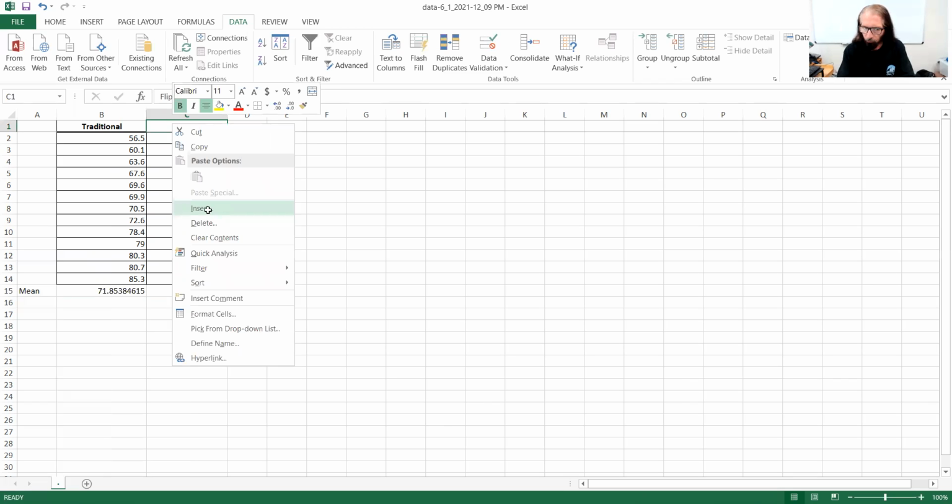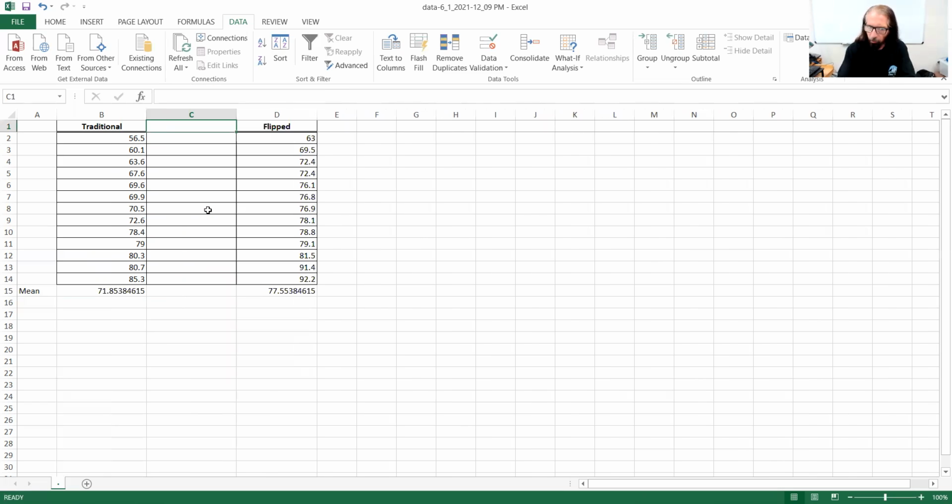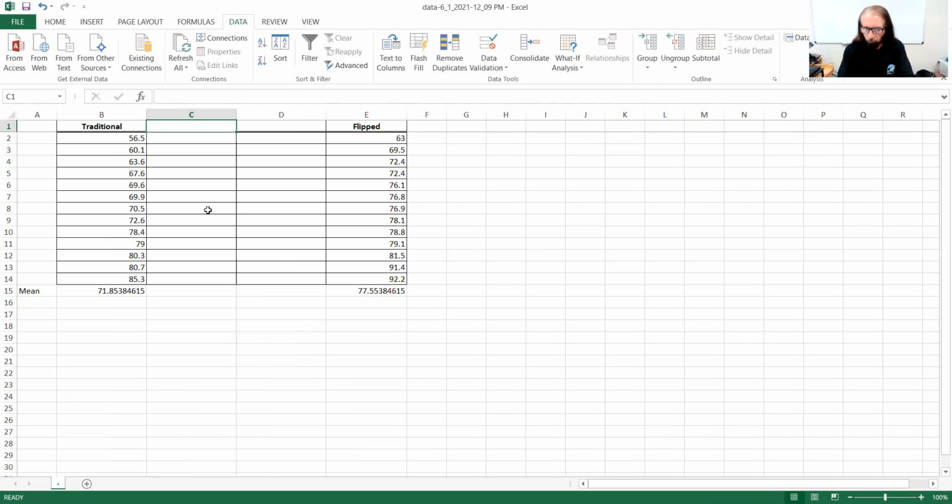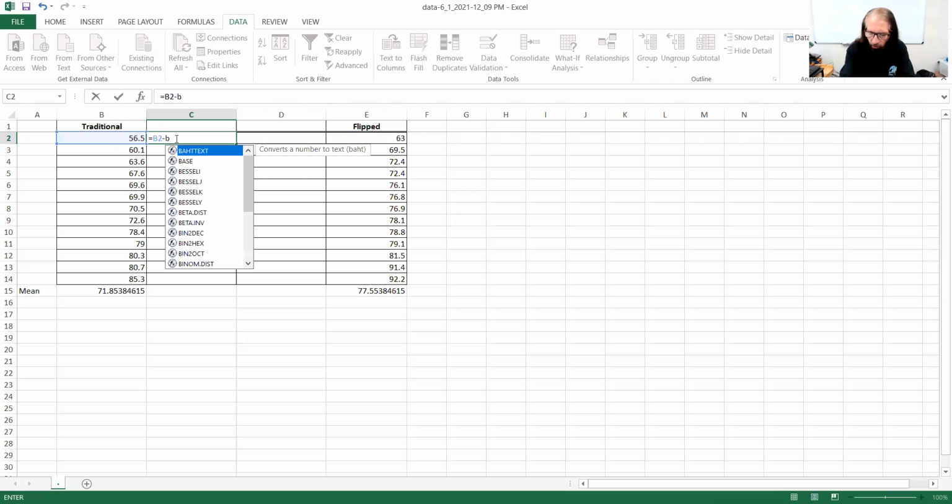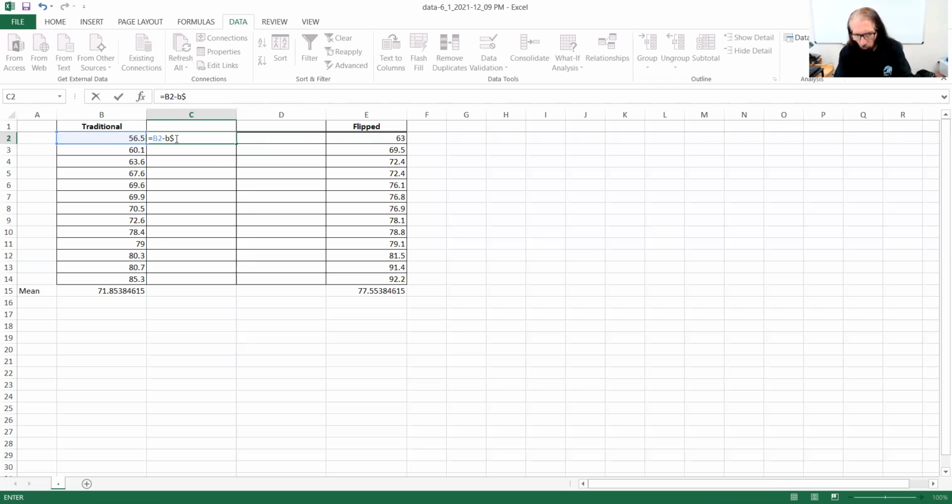So our first thing to do is to take our scores minus the mean. Oops. And you want to keep subtracting the mean, which stays in the same row.